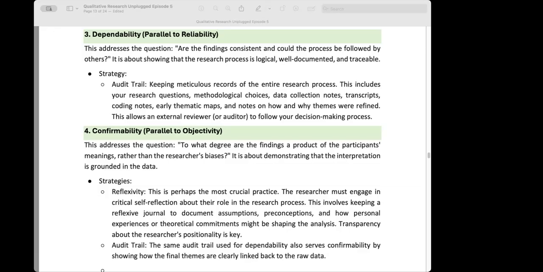This comprehensive trail allows an external reviewer like your thesis examiner to follow and understand your decision-making process at every single step, demonstrating the logic, coherence, and consistency of your analysis.